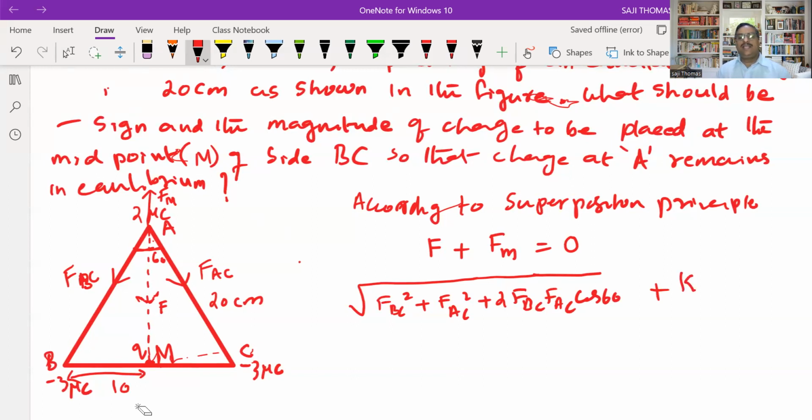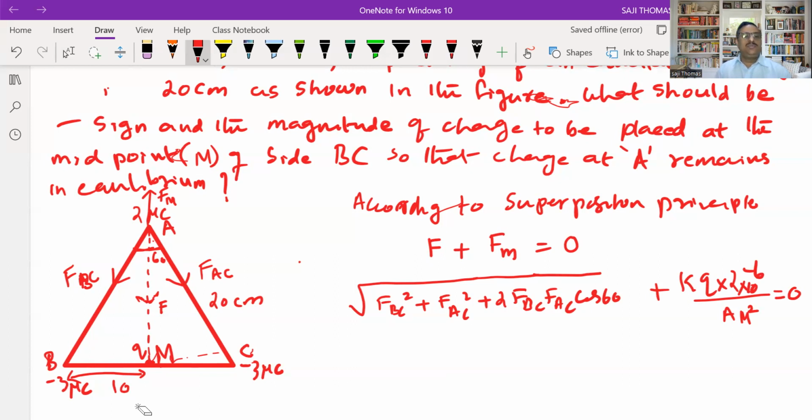That you can write as K into small q into 2 into 10 raised to -6 divided by, what is the distance between A and small q? AM square. This must be equal to 0, right? Now, the forces AB and BC are the same. Why?